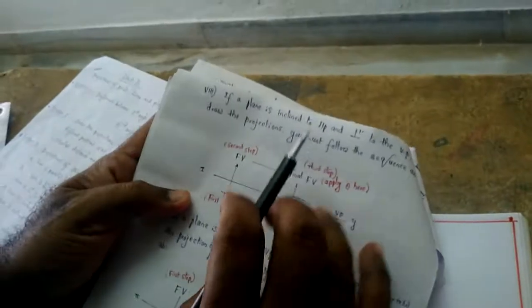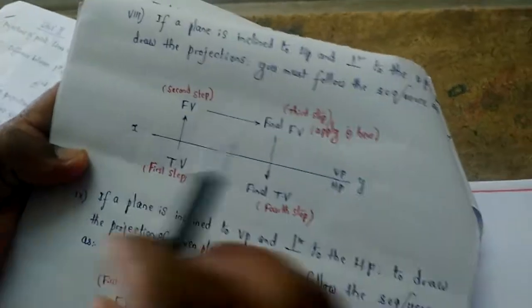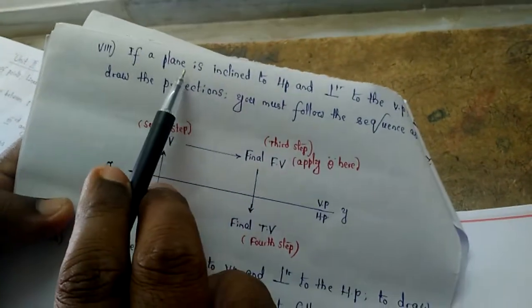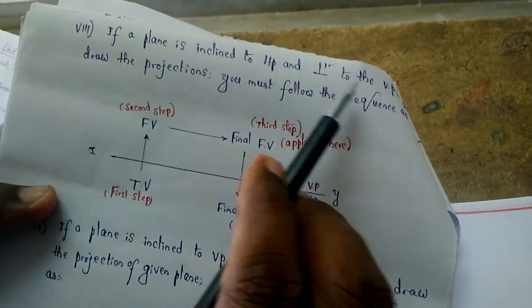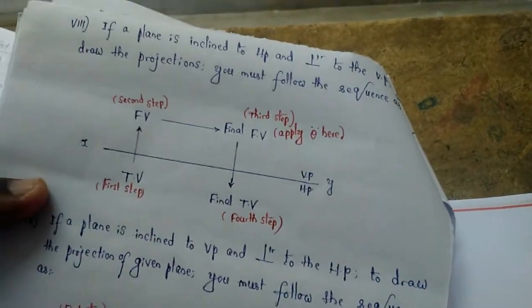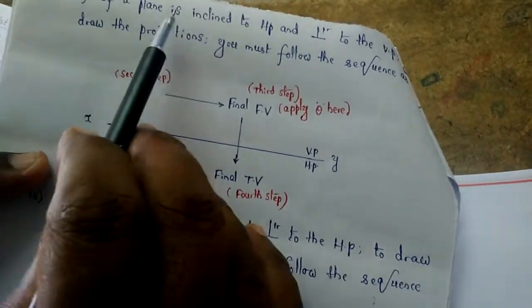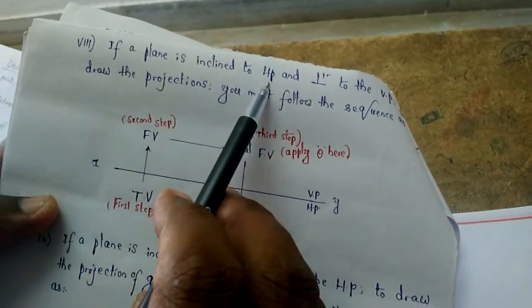Suppose in a problem the given data is that the plane is inclined to HP and perpendicular to VP. In this case you want to draw four figures. In the initial stage, assume that the plane is parallel to HP.